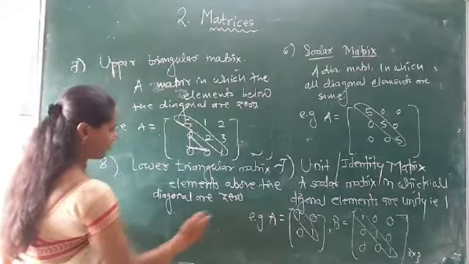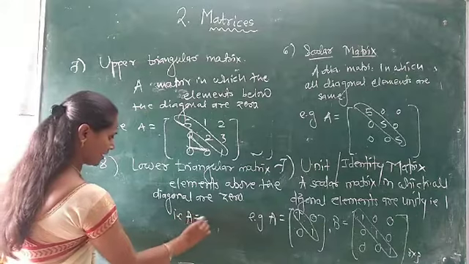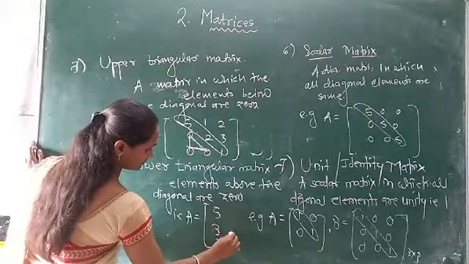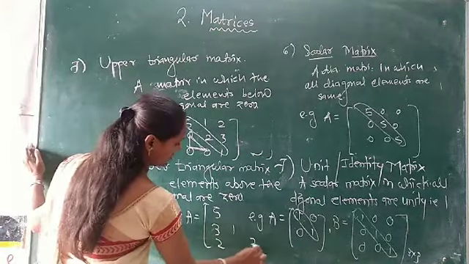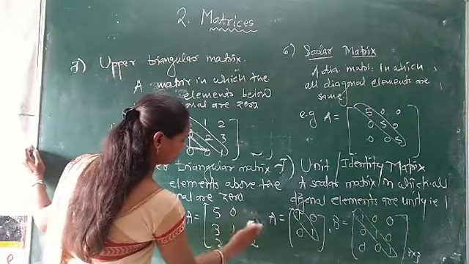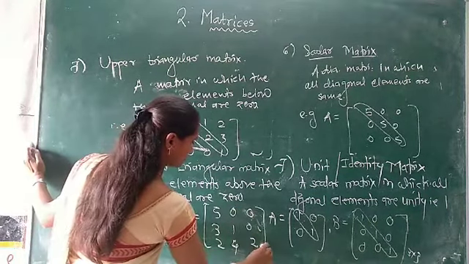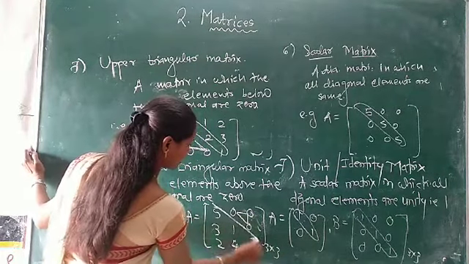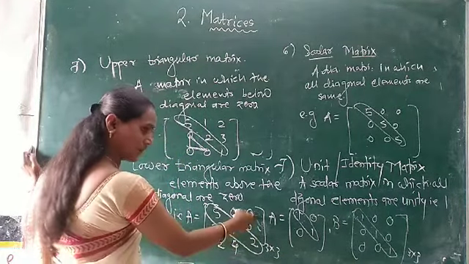That is, for example, A is equal to 5, 3, 1, 2, and here we take 4. Then 0, 0, 0. So order is 3 by 3. Again, these are the elements above the diagonal.